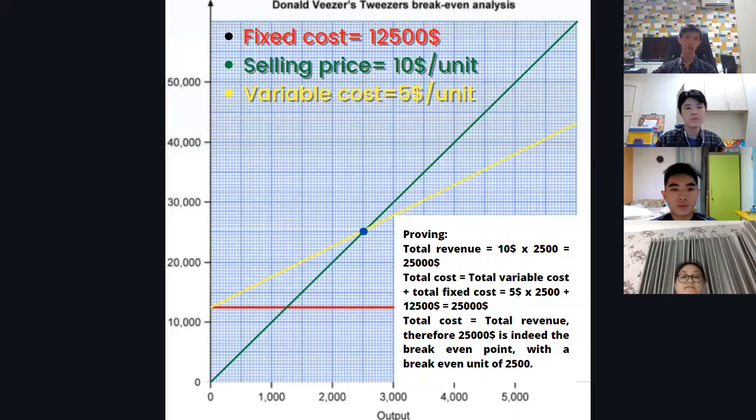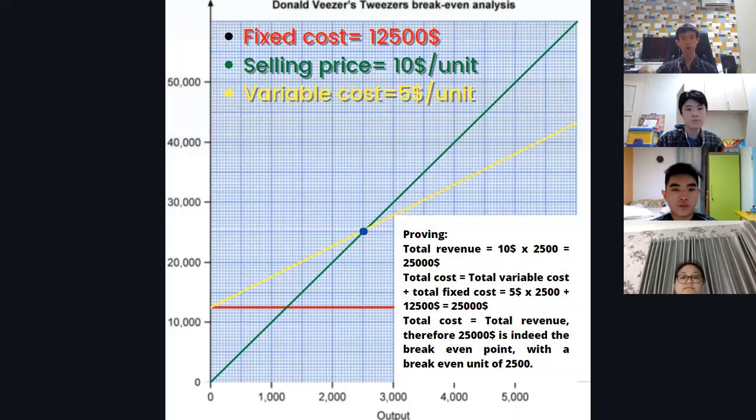So as mentioned before, the break-even point is the point where total revenue is equal to total cost. Let us first find the total revenue. We can find the total revenue by multiplying $10, which is the selling price, with 2,500, which is the output, and this will equal $25,000.